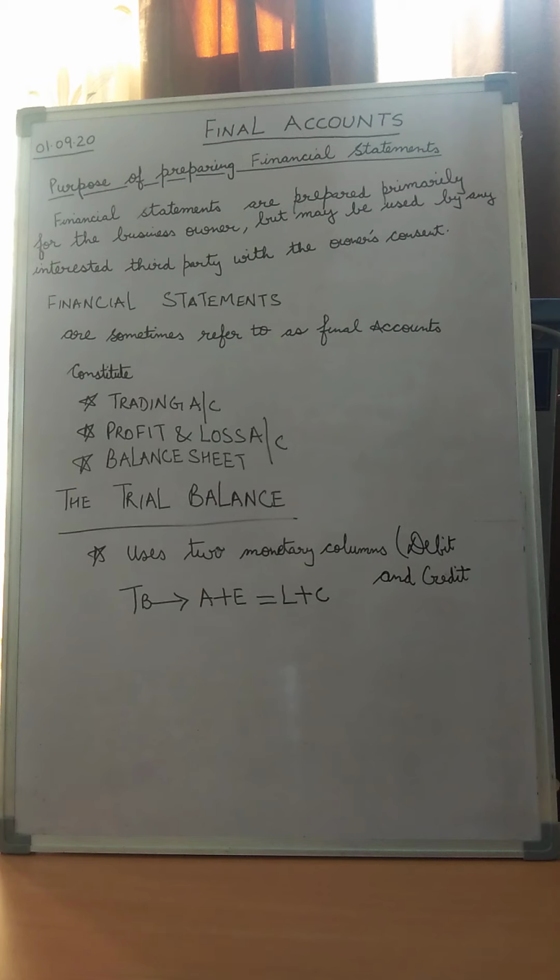The credit column of the trial balance, children, displays the liability and the income gained, that is L plus C, at the date of review. So, children, we can say trial balance formula is A plus E, which is equivalent to L plus C on the credit side.